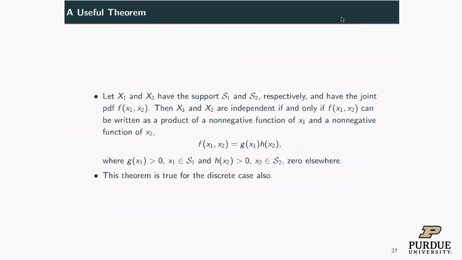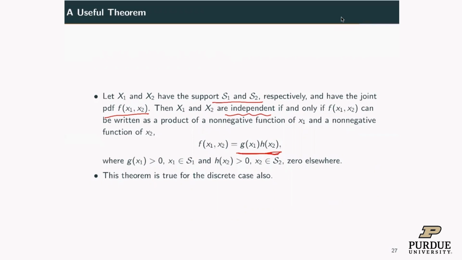Okay, so let x1 and x2 have supports S1 and S2. They have the joint PDF. Then x1 and x2 are independent if and only if f(x1,x2), the joint distribution, can be written as a product of two functions. So you can separate these two functions.